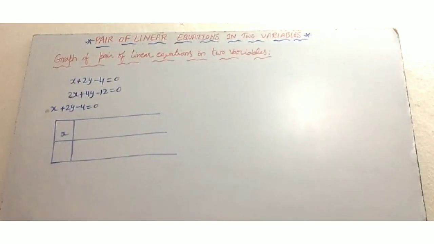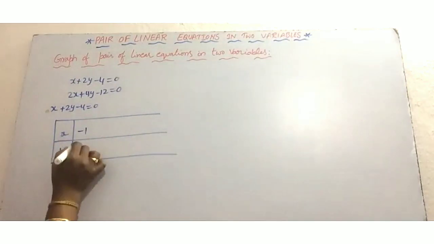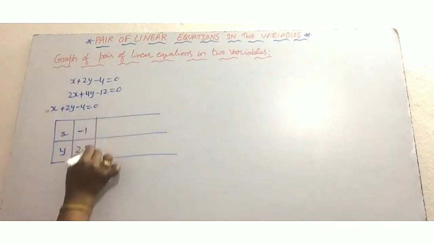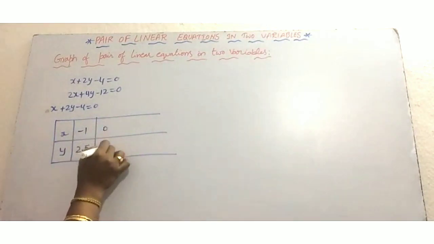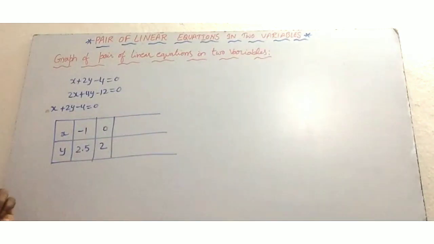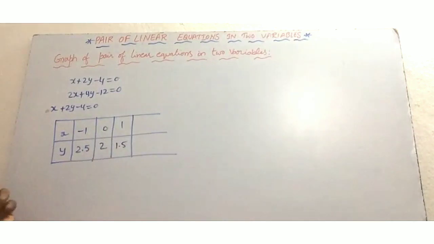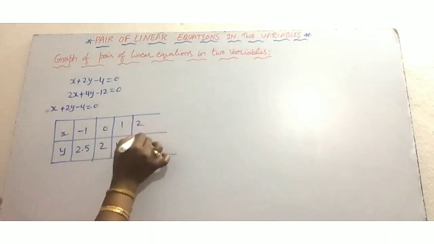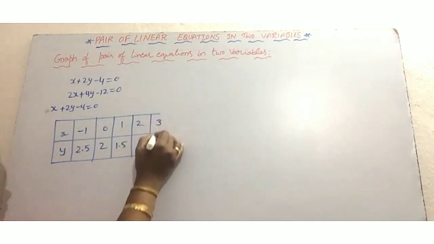If x is equal to minus 1, then y is equal to 2.5. If x is equal to 0, y is equal to 2. If x is equal to 1, we get 1.5. If x is equal to 2, we get 1. And x is equal to 3, we get 0.5.